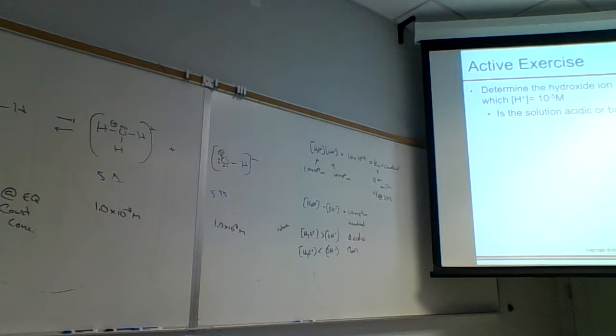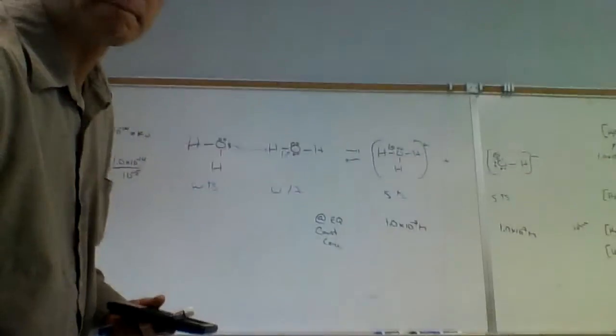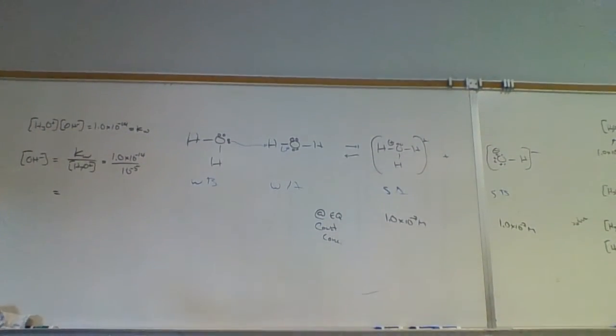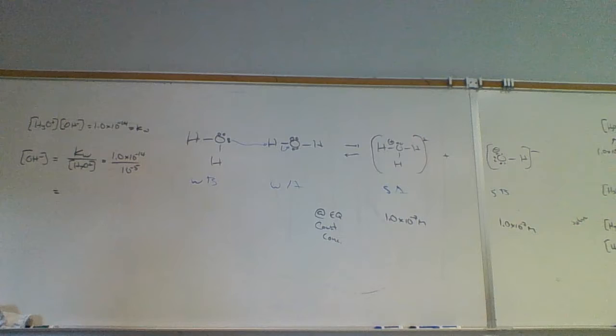Otherwise, you might be off by a factor of 10. So why don't you give this calculation a shot on your calculator and see if you're off by a factor of 10 or if you're right on. You might be able to do this one in your head also, but just see if you could do it in your calculator.